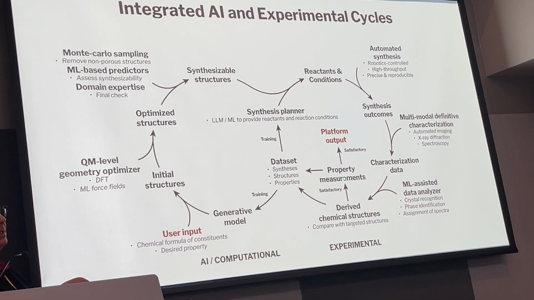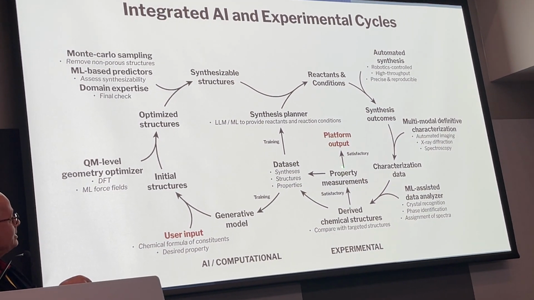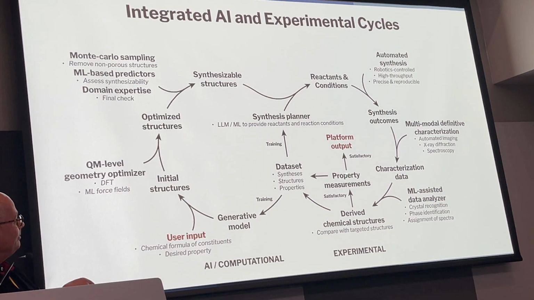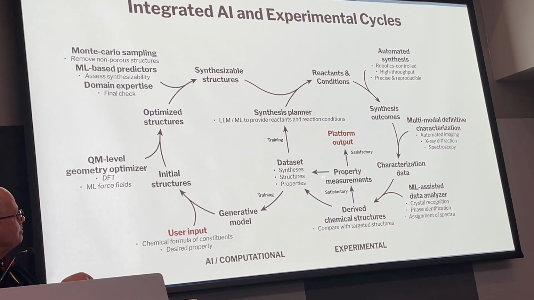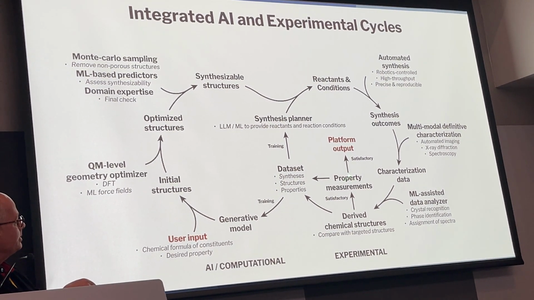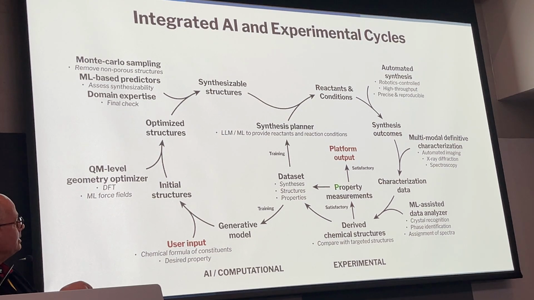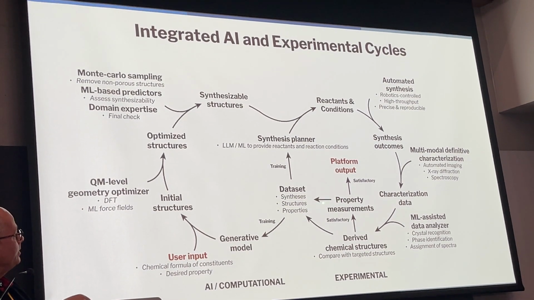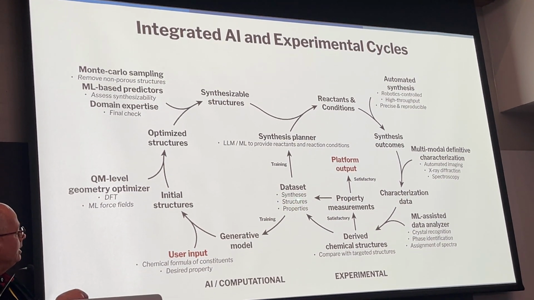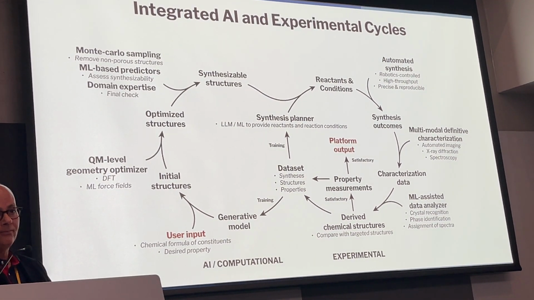If it's satisfactory, then we go to a property. We say, okay, now I've got my structure, can it do this or that? If that's satisfactory, then there are more measurements to check whether the material has the properties you need. That would be your platform output. If it's not satisfactory, then you put it in the data set and you go through the cycle again.